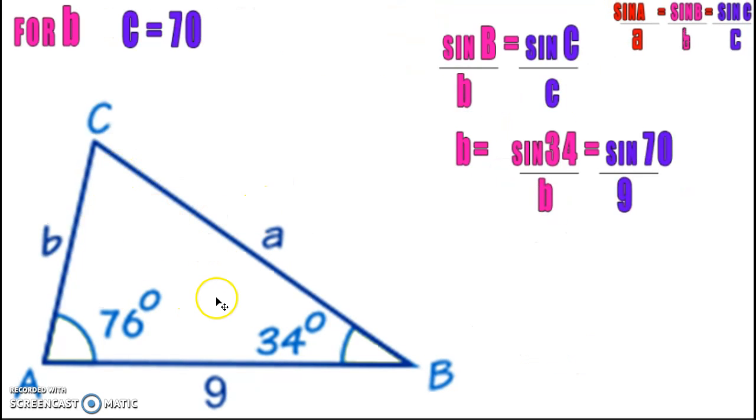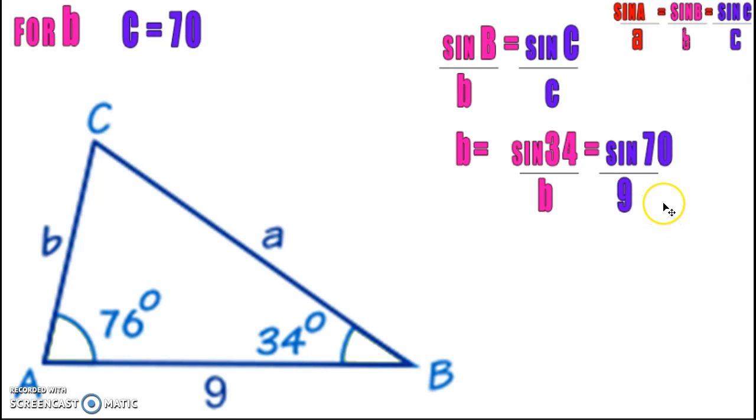Now, this is the same shape, but this time we're solving for b. So b is sine 34, which is angle 34, over small b, and then angle 70, which is C, just like in the last one how we explained it, so sine 70 over 9. And the reason why we picked C again, just to remind you, is because it's solved. And then let's cross multiply.